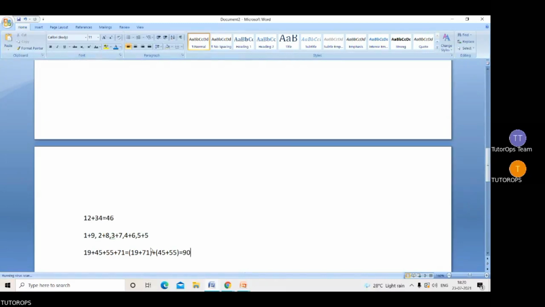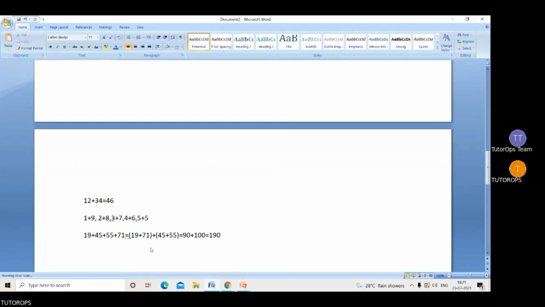As we are making the 10-point groups, the result of the sum for each group will be a multiple of 10. So we know 19 plus 71 will be 90 and then 100. Now we can calculate from the previous method, the completing of whole method, that is 19 into 10, simply 190.